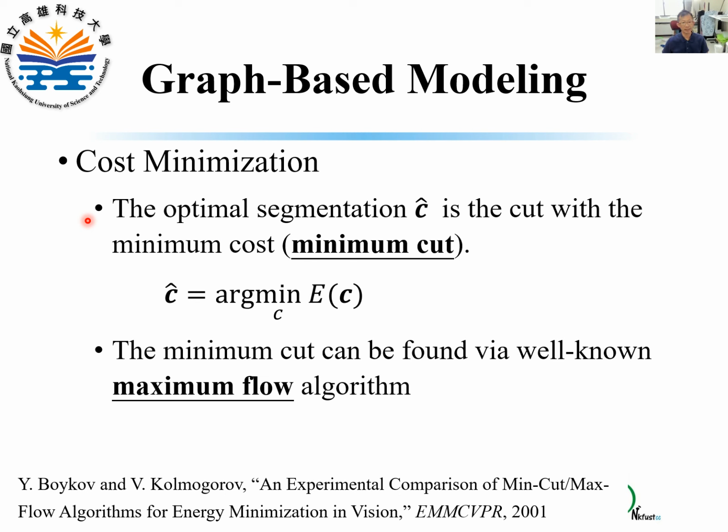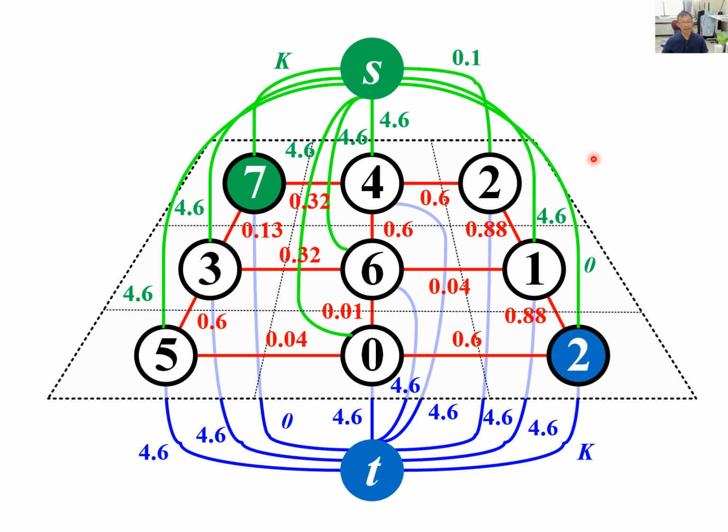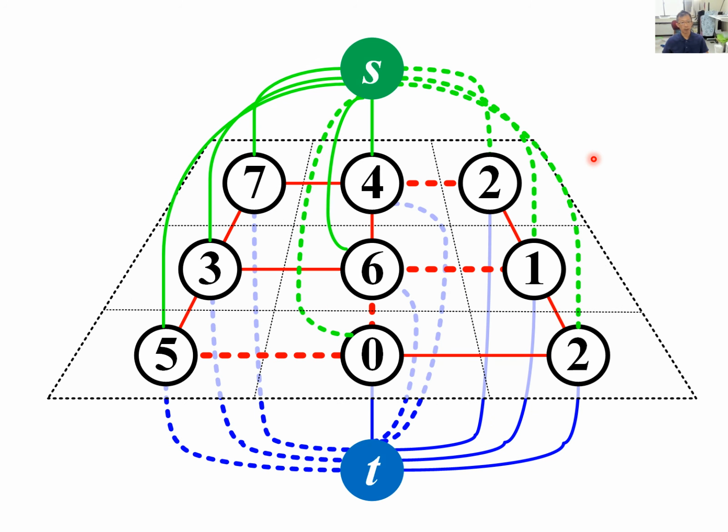The optimal segmentation C hat is the cut with the minimal cost, referred to as the minimum cut, as expressed in this equation. The minimum cut can be found via the well-known maximum flow algorithm, which is beyond the scope of this explanation. In this example, after applying the maximum flow algorithm, we can identify the minimum cut as displayed in this picture.